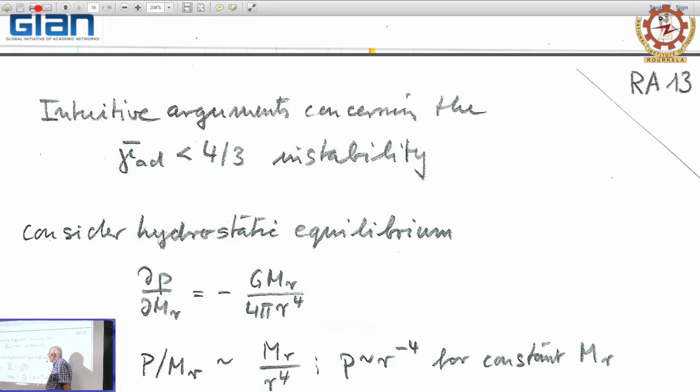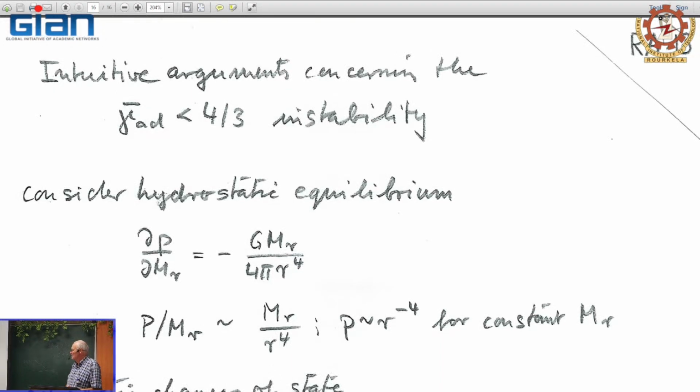Hydrostatic equilibrium in the usual way: dP/dm is minus G times mass over the radius to the power 4. In the usual way we estimate this equation, we replace the gradient with respect to mass simply by the ratio of pressure over mass, and we keep the mass constant. And once we keep the mass constant, this means that the pressure scales with the radius as r to the minus 4.